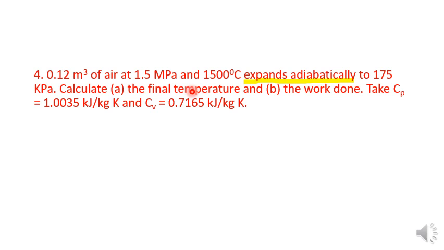Calculate the final temperature T2 and the work done. The Cp and Cv values are given. By using the Cp and Cv values, we can calculate the gamma and R value also.